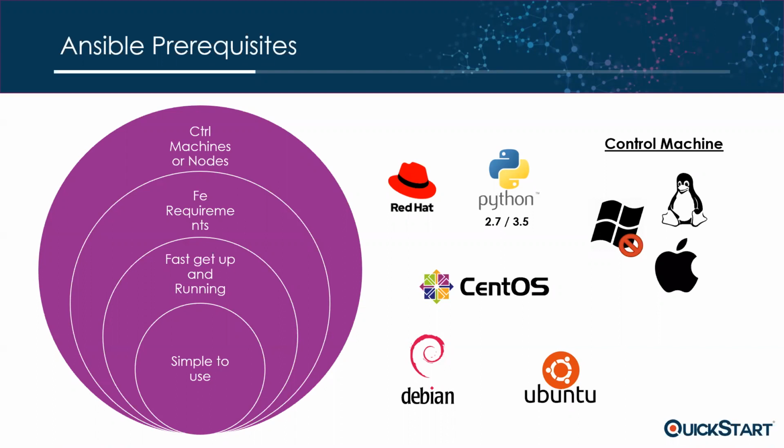So you will typically see Ansible on Red Hat, on CentOS, on Debian, and Ubuntu, as well as Mac OS or BSD variants.